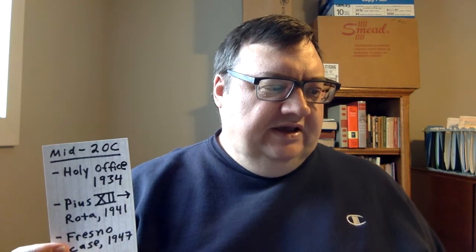We're starting to use this term, favor of the faith, though again, the usage is not established entirely yet. Now, this instruction, two interesting things. First, again, this is the 1934 Holy Office instruction. The Holy Office is now called the Congregation for the Doctrine of the Faith, which you probably knew.